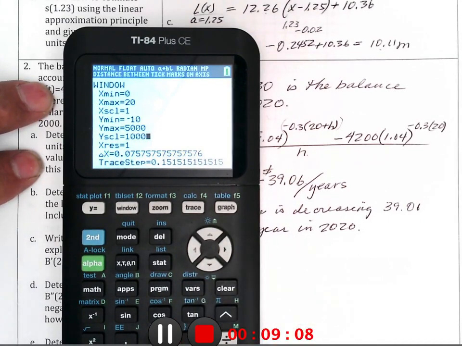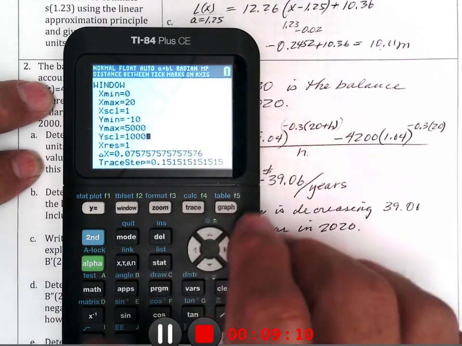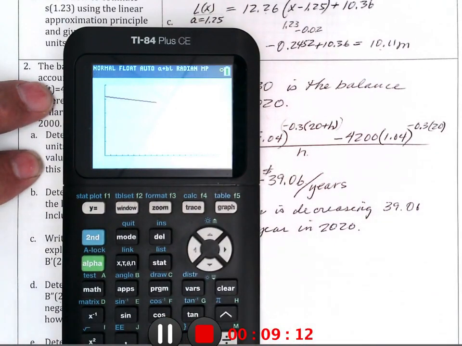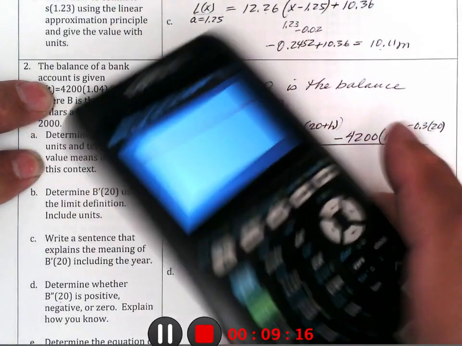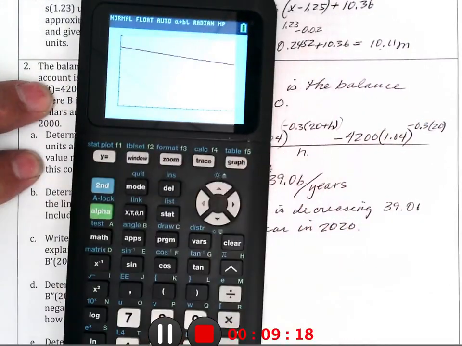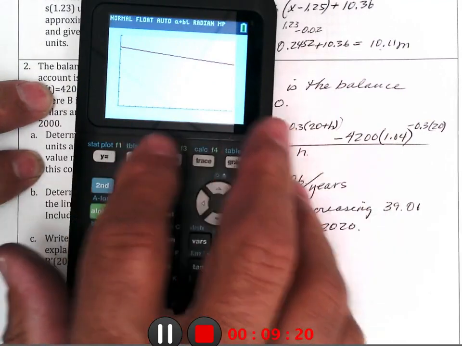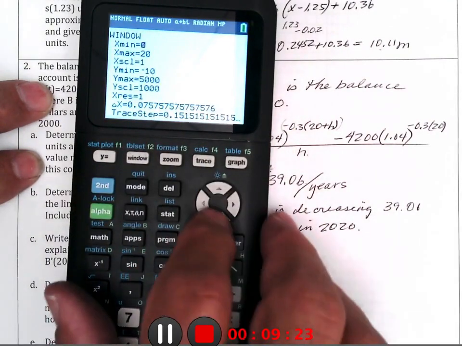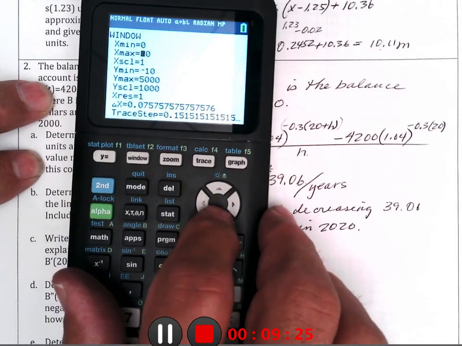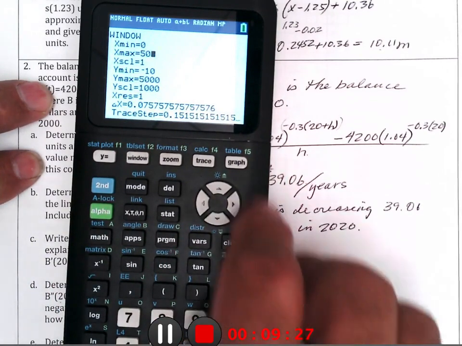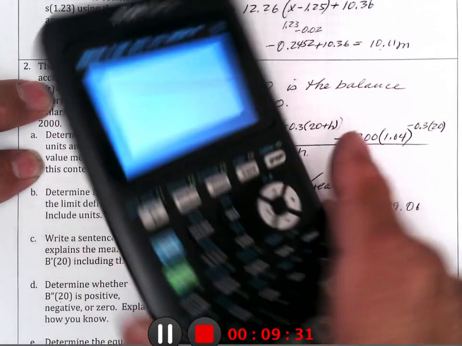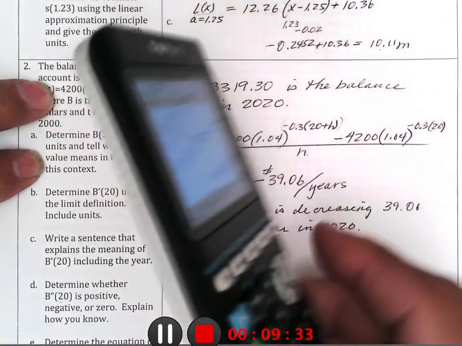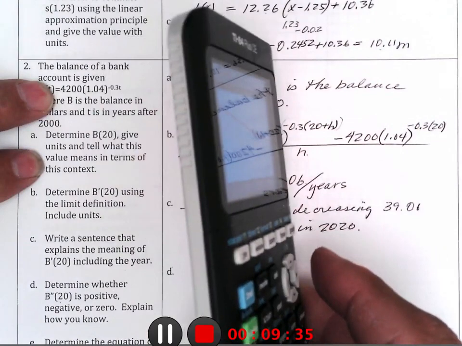So I'm going to have 5 vertical marks. Graph. And there it is. And if you hold it up this way, it's still pretty hard to tell. If I look out further, look for longer, so for 0 to 50 years, you might get to see a little bit better what's going on with it. And if you look down the line this way, you can see that it's curved up.